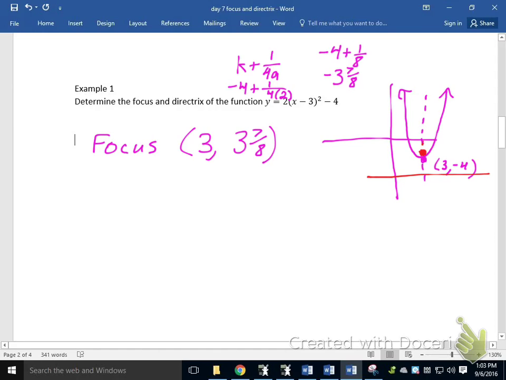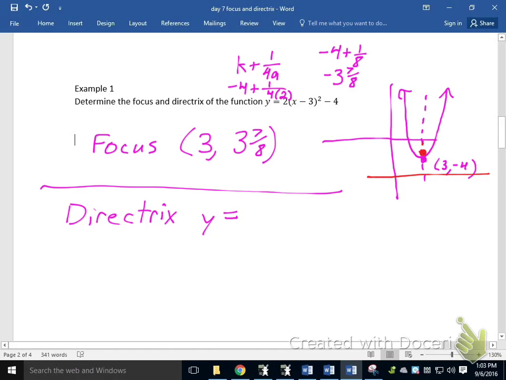Now for the directrix. The directrix is always going to be a line for a parabola, and for what we're studying right now, they're always going to be horizontal. So it's going to be y equals some number. Now what you use for that is you do the exact opposite.